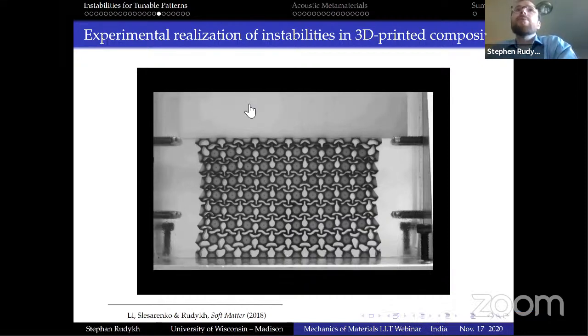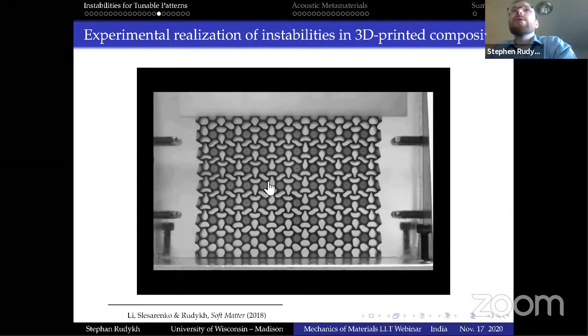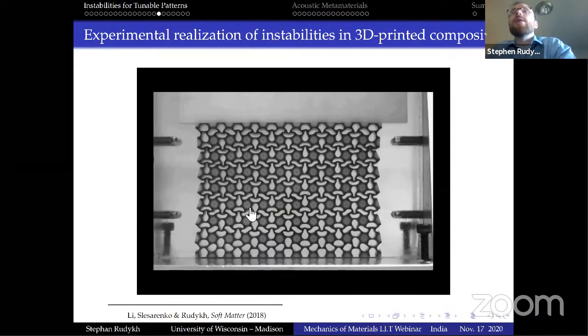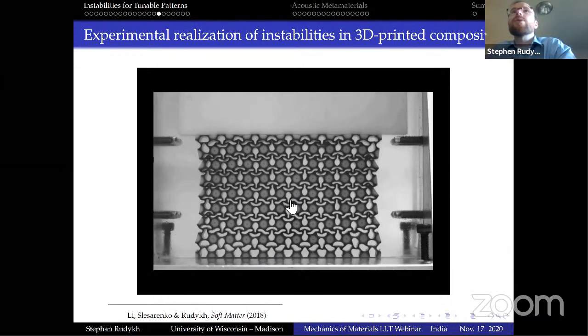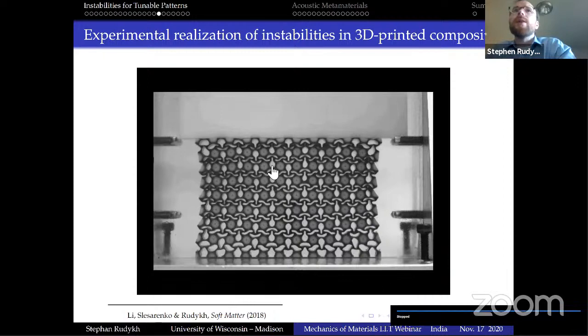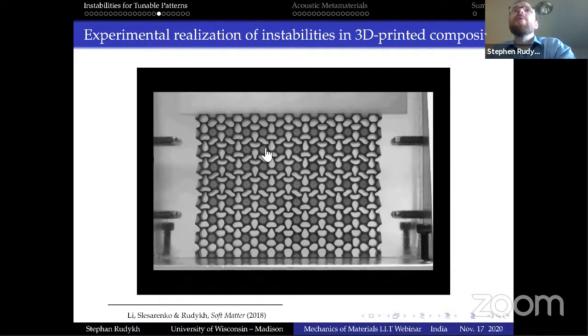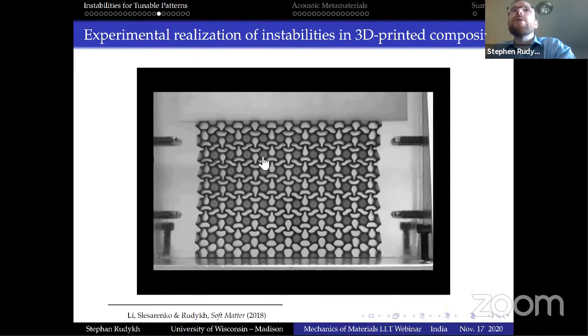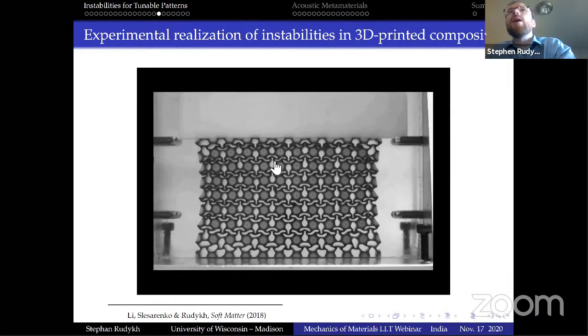And we compress this material here, and you can see that at a certain point these voids collapse, and then they rearrange in different configurations. There is some notion of chirality happening then, because we have these inclusions here that regulate where the pattern can go after that or cannot.